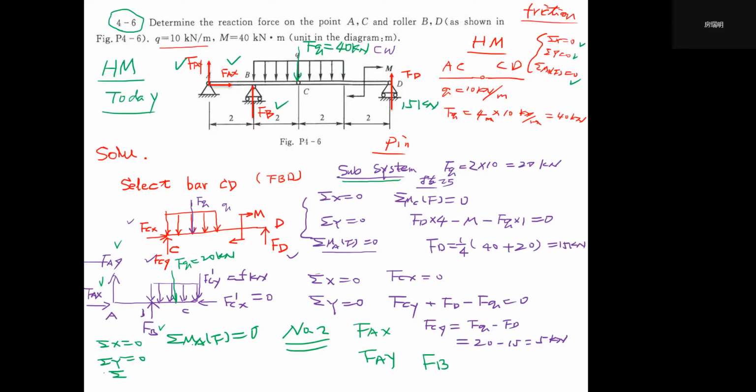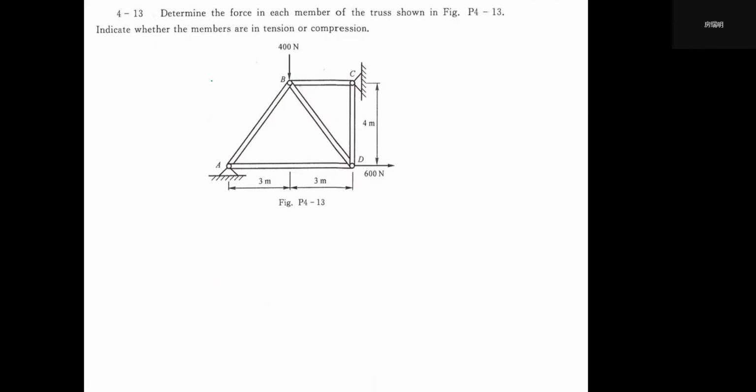There is another problem I just mentioned, which is not our homework. You guys do not need to finish this one because I find it a little bit difficult.